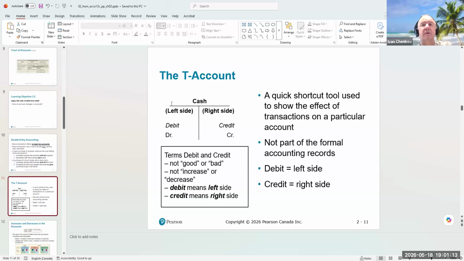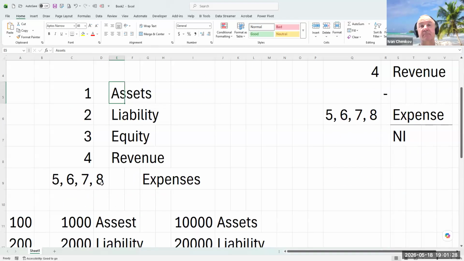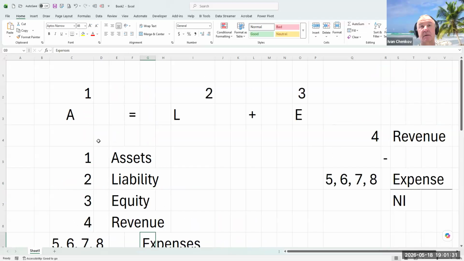Obviously, the T account. Let me go back to the Excel spreadsheet. Now, the T account is an interesting concept. Each of those accounts, asset, liability, equity, revenue, expenses, we're going to set up accounts for those.